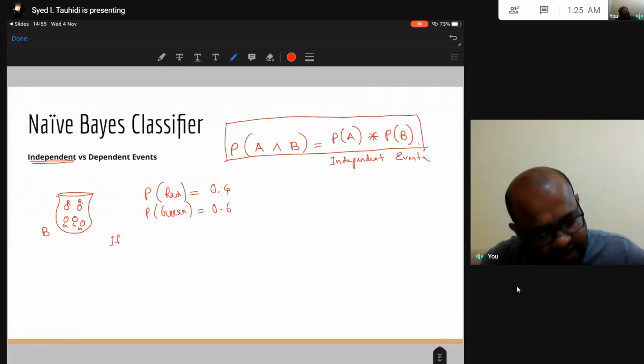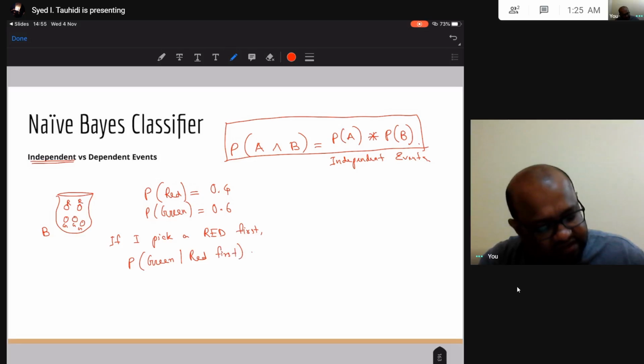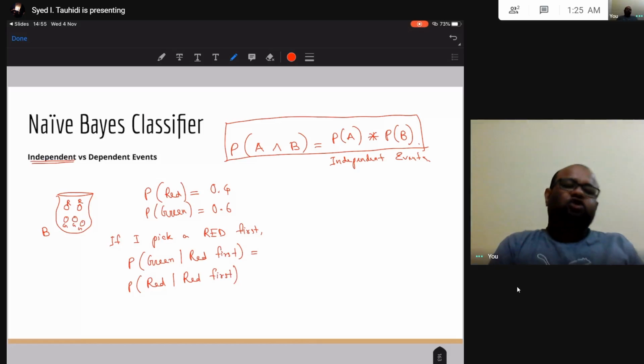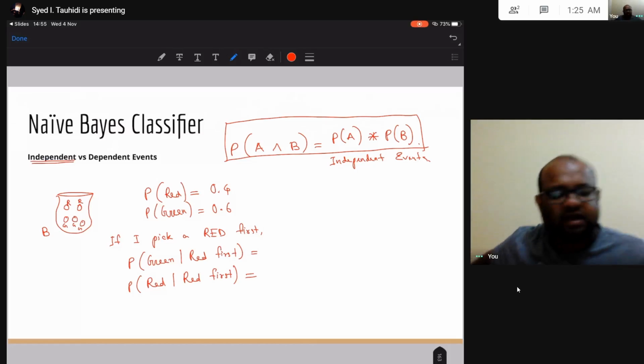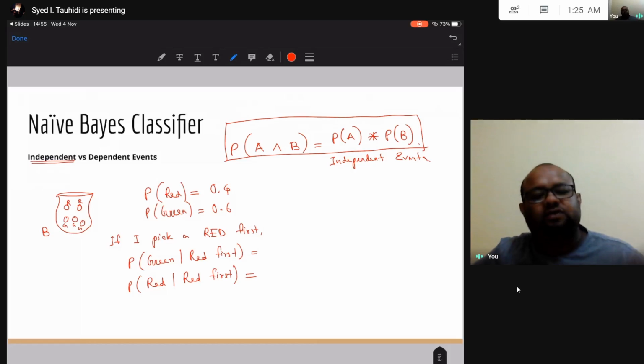If I pick a red first, then the probability of picking a green, given that I have picked a red first, is something, and the probability of picking a red, given that I have picked a red first, is something. So the probability of picking a red was 40% in the first try.